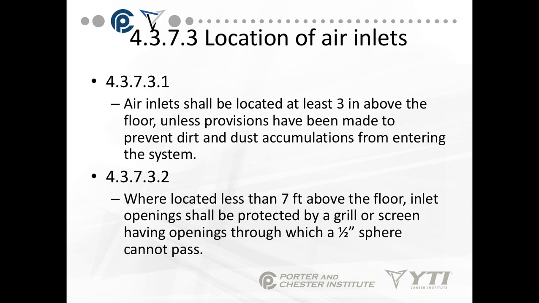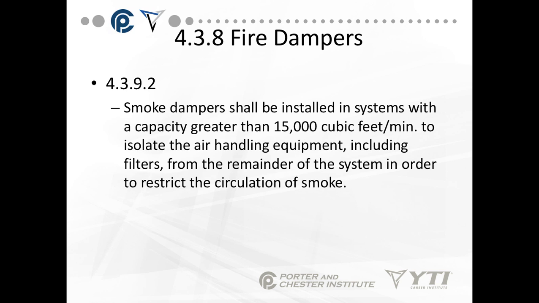Air inlets shall be located at least 3 inches above the floor. Okay. Smoke dampers shall be installed in systems with a capacity greater than 15,000 cubic feet per minute to isolate the air handling equipment, including filters, from the remainder of the system in order to restrict circulation of smoke. Okay, 15,000 cubic feet per minute.